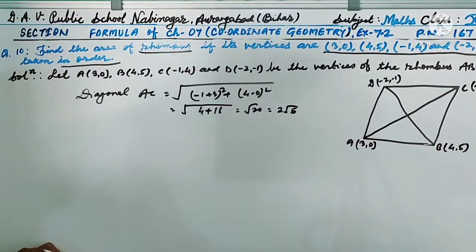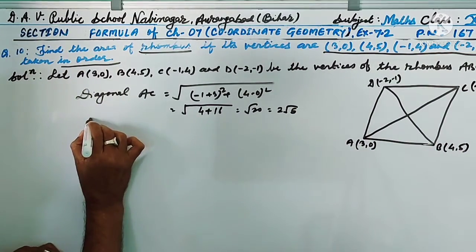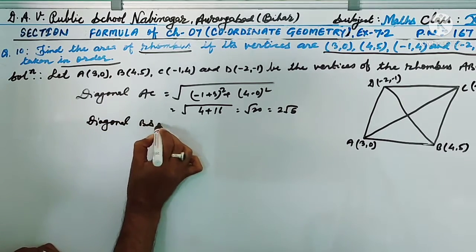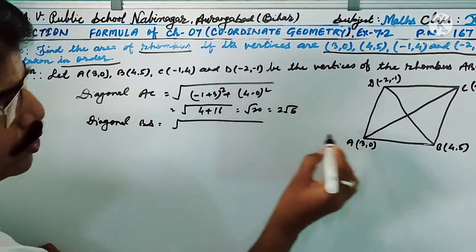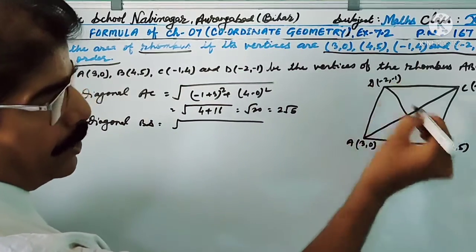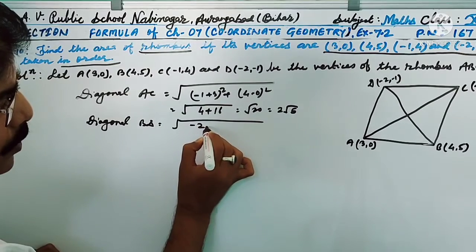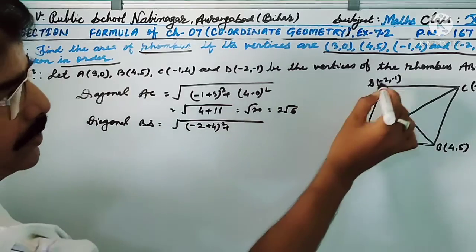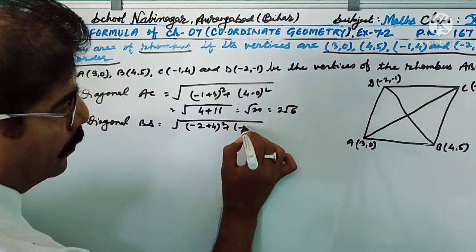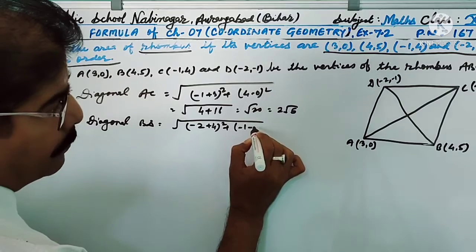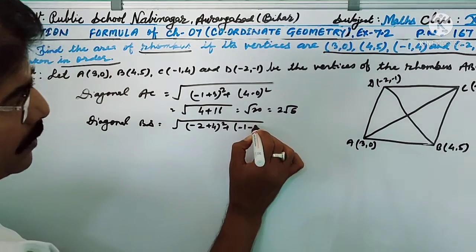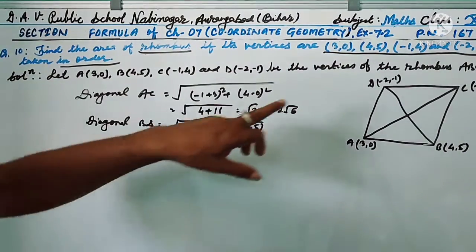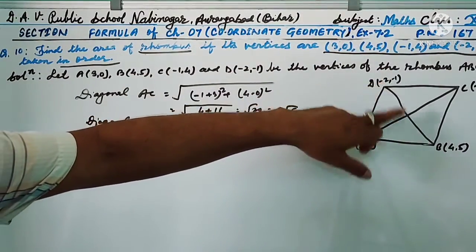And diagonal BD equals the square root of (-2 - 4) square plus (-1 - 5) square, using x2 minus x1.